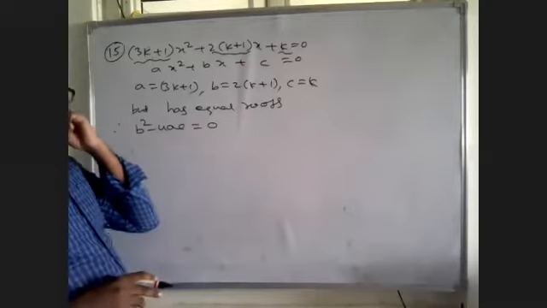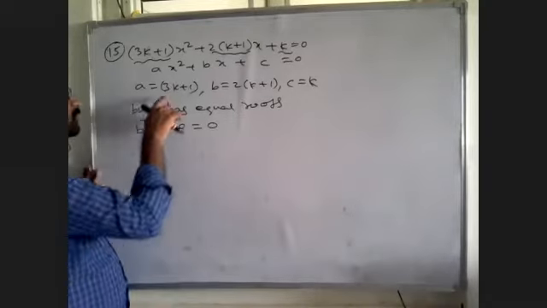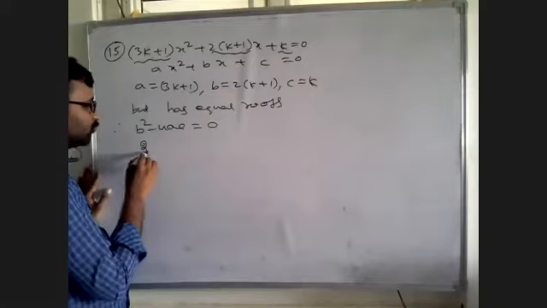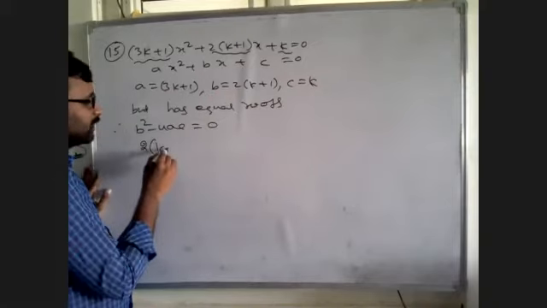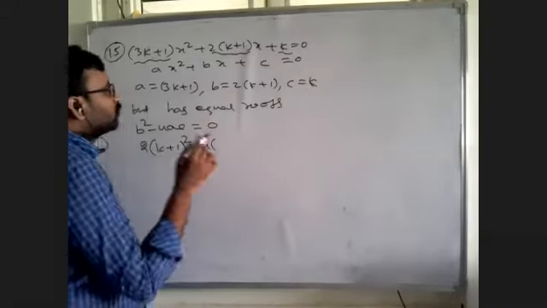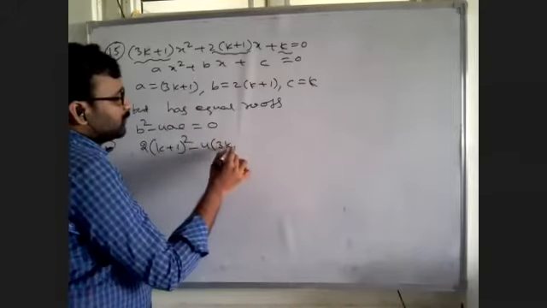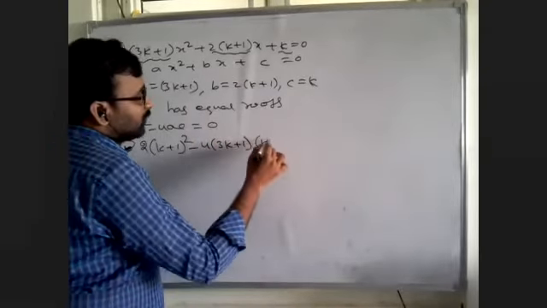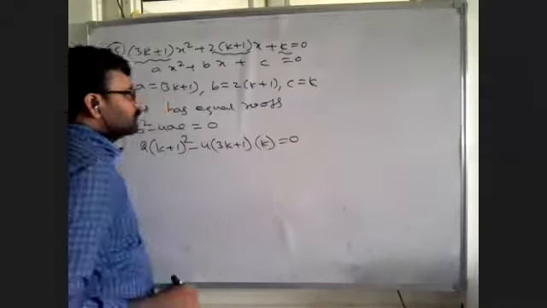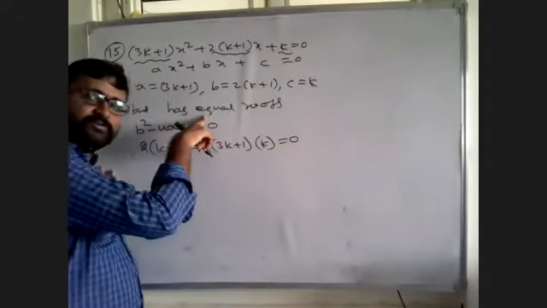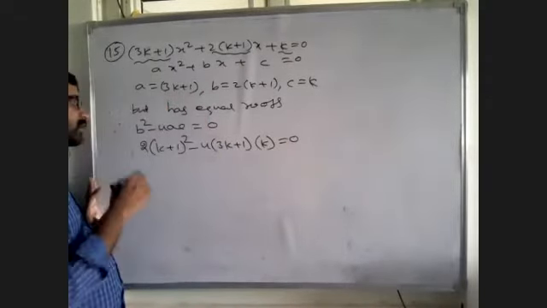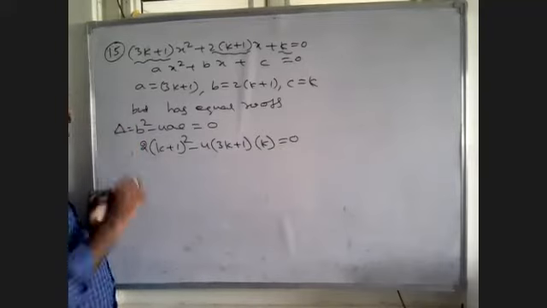What is a? What is c? Just substitute here. B means 2 into k plus 1 whole square minus 4 into a, which is 3k plus 1, into c, which is k, is equal to 0. Why? Because having equal roots means delta is equal to 0. That is for equal roots.